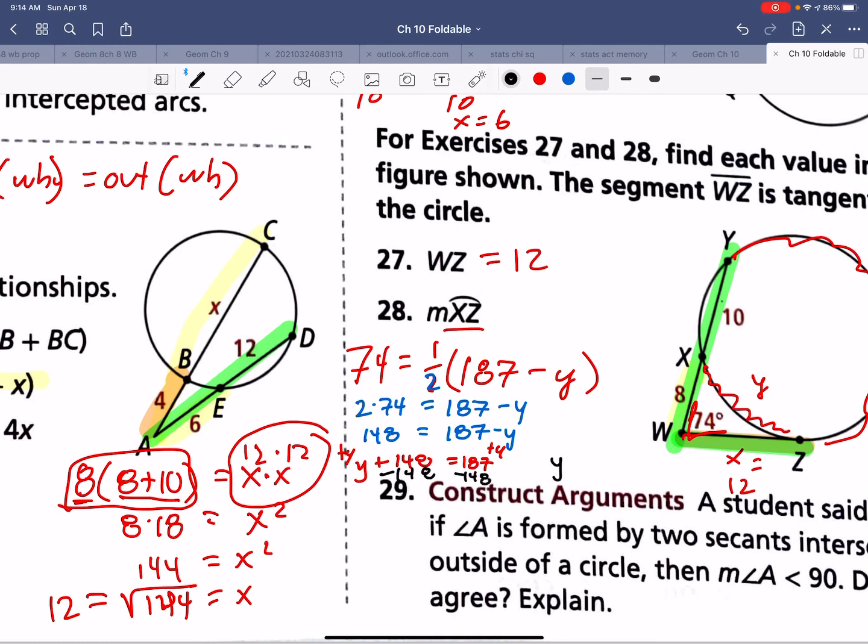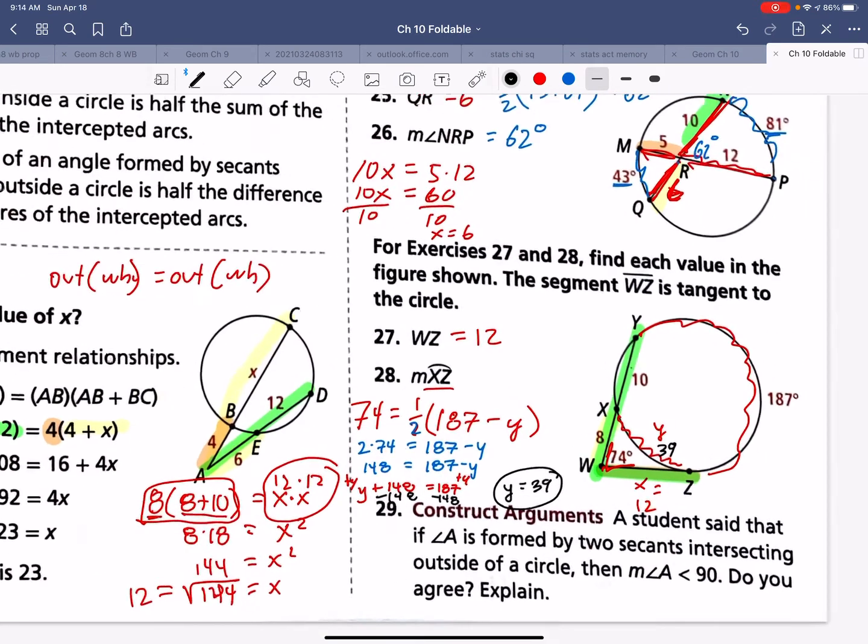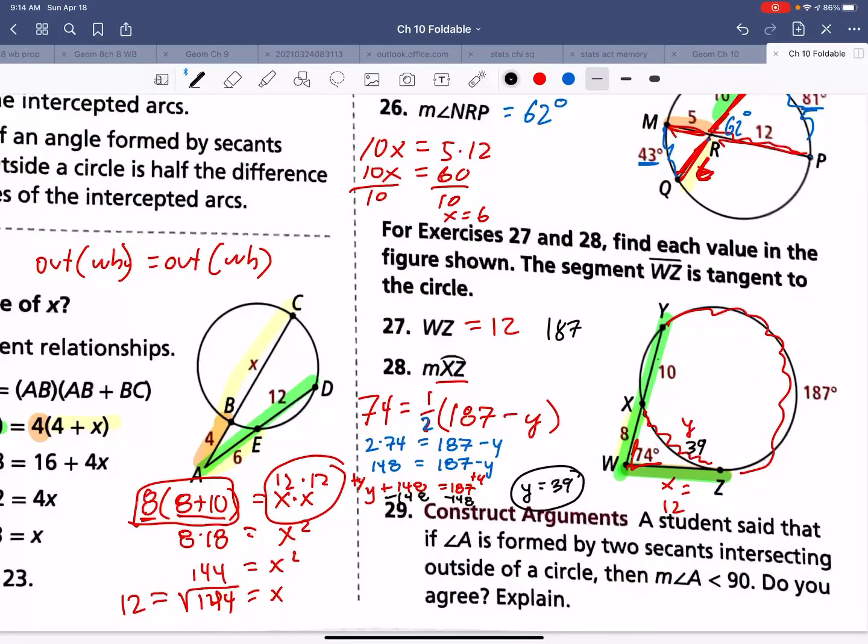So Y is 187 minus 148, 39. Beautiful. So we can double check this: 187 minus 39 is 148. And when we cut that in half, do we get 74? Yes, we do get 74. So we feel good about our answer. Our arc length is 39.